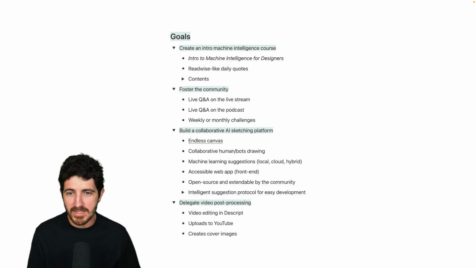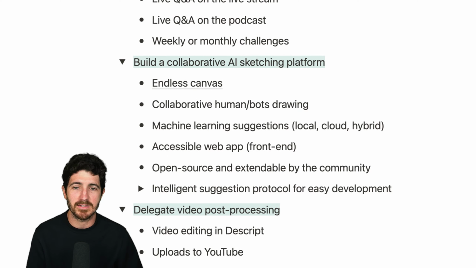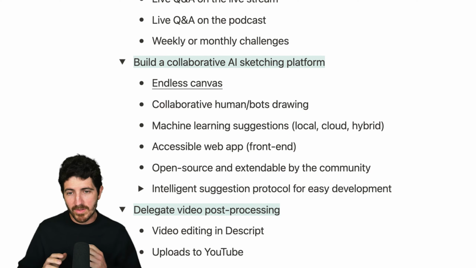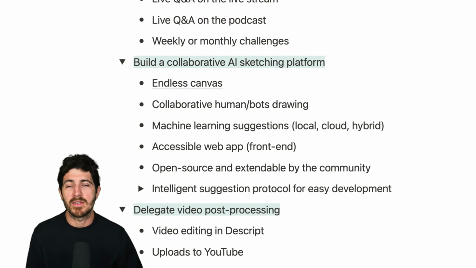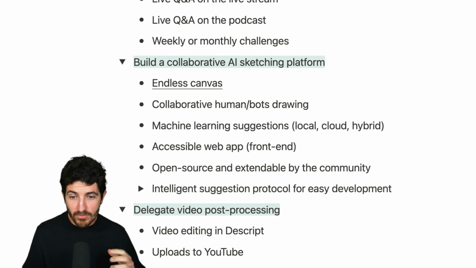Okay, so goals. We keep emphasizing this goal of this second season of the live stream, which is building a collaborative AI sketching platform. And at the moment, we've left aside the application that we're building in React and using Perfect Freehand, an open source repo for free drawing on the web.